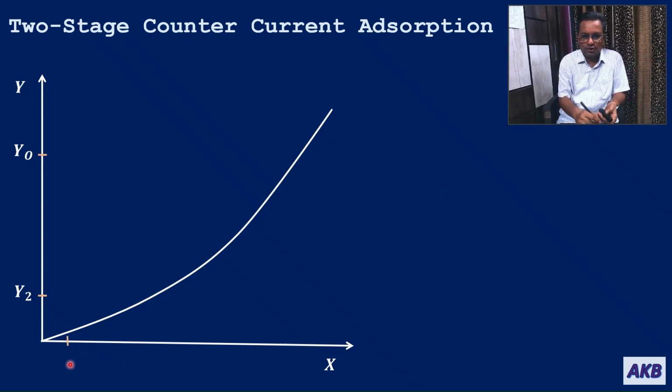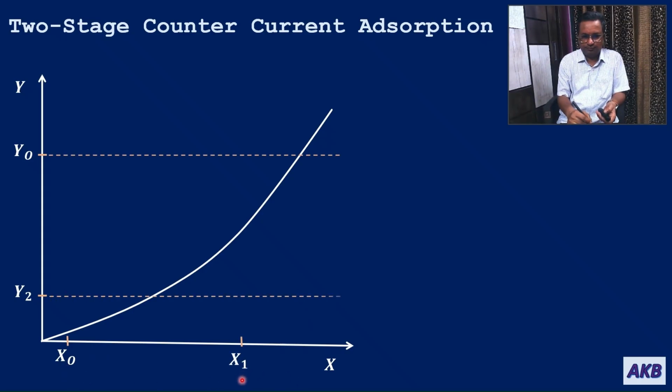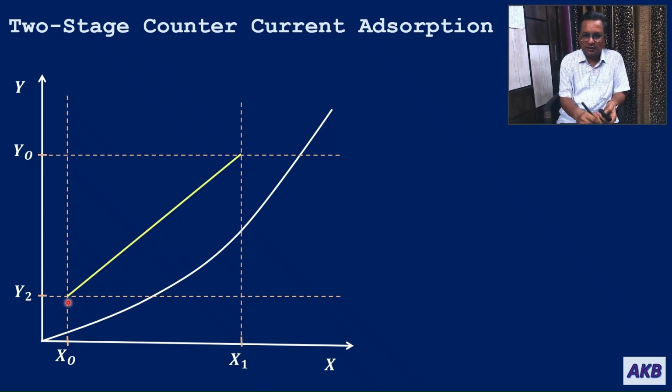And concentration on the adsorbent phase increases from X0 to X1. Then I get these two points. The coordinates of these points are capital Y0, X1, and the coordinates of these points are capital Y2 and X0. These are the end points of the operating line. This is the operating line.